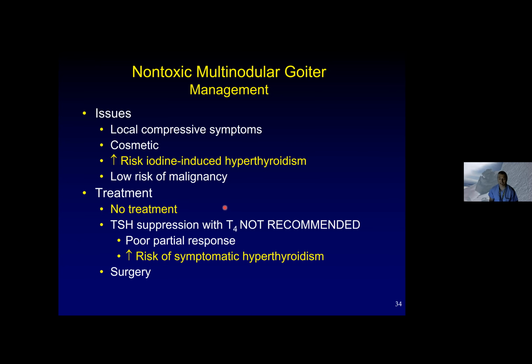So the patient may end up having AFib or osteoporosis or unintended weight loss or muscle weakness as a result of this. The treatment, if the patient has local compressive symptoms, or if there's a risk of a malignant nodule inside that goiter, is surgery.